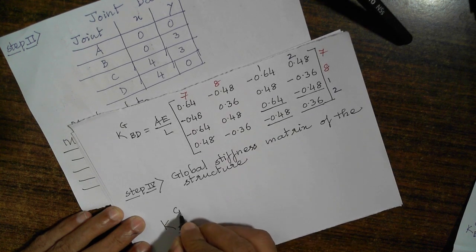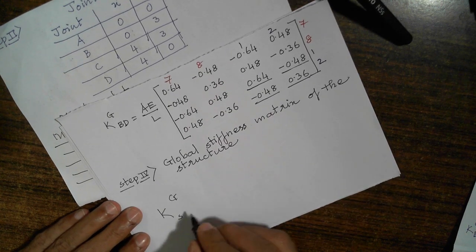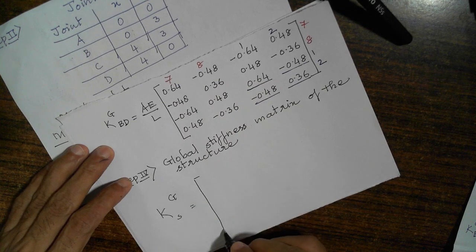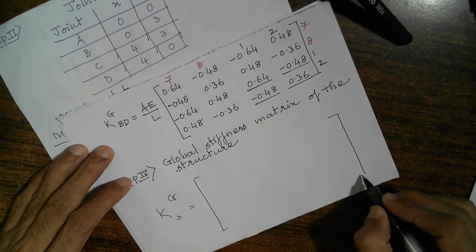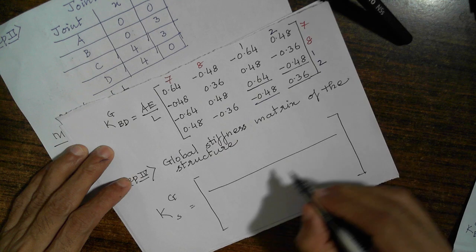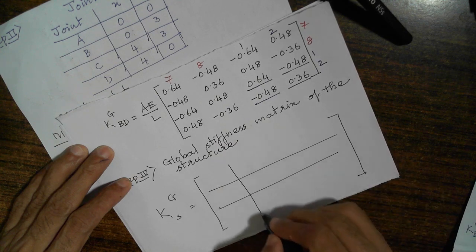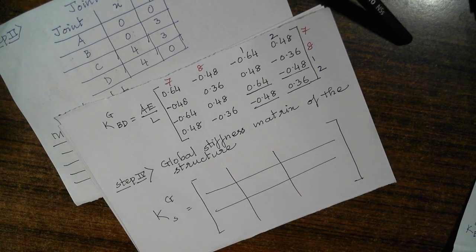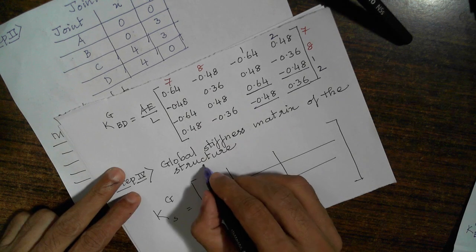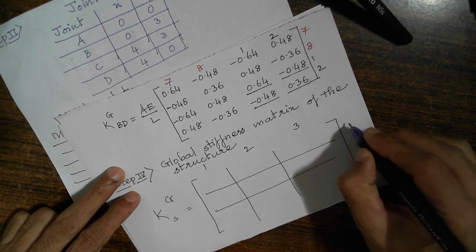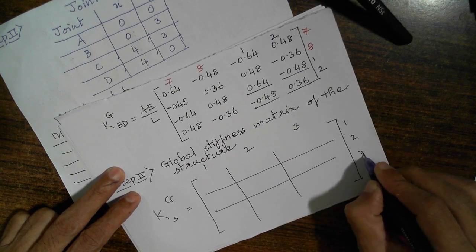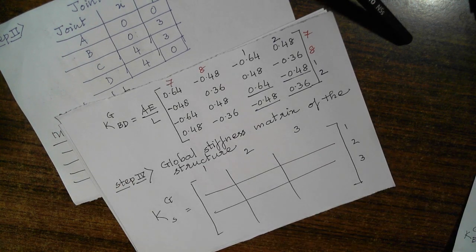K global for the structure. I know the size of this global stiffness matrix will be 3 by 3. So I am dividing this in a 3 by 3 matrix. I know the columns will be 1 to 3 and rows will be 1 to 3, all possible degrees of freedom, because the degree of kinematic indeterminacy for this structure is 3. So this will be 3 by 3.